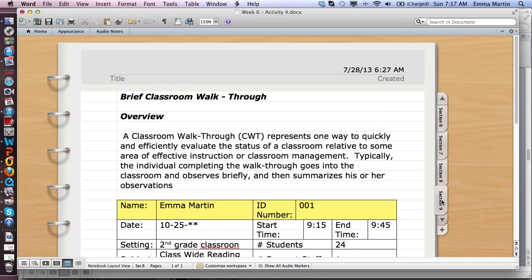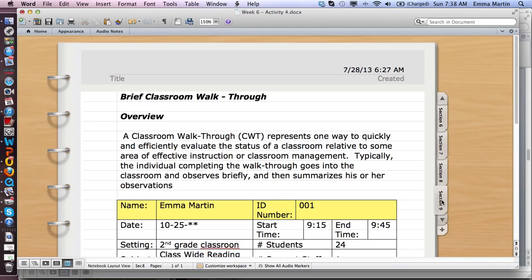Okay, the next thing that we wanted to do for these initial observations and baseline data for looking at Ms. Reck's classroom was to conduct a brief classroom walkthrough.